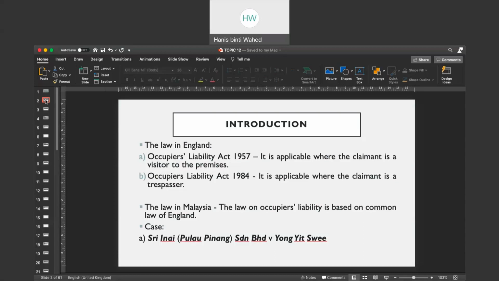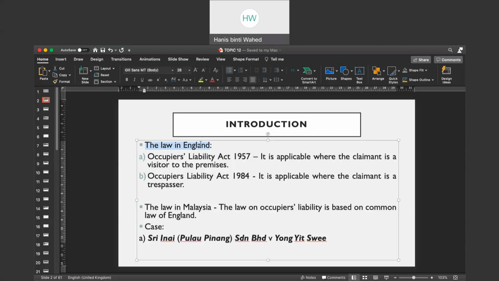But we will not discuss the historical part of this law. You need to know that in the UK, in England, they have a specific act on this. First, they have the Occupiers Liability Act 1957 and also the Occupiers Liability Act 1984.